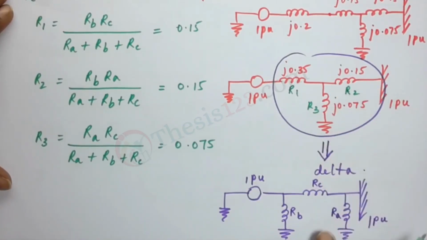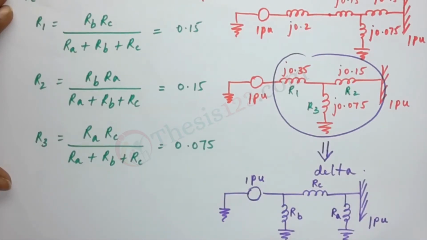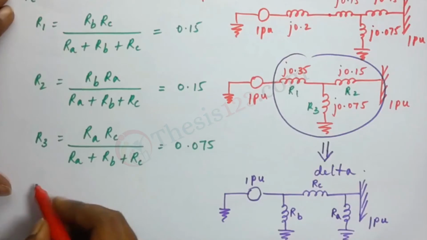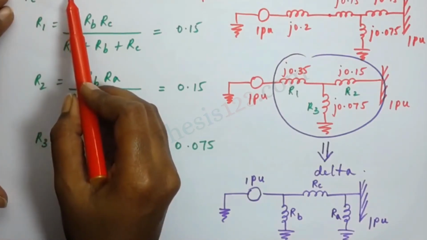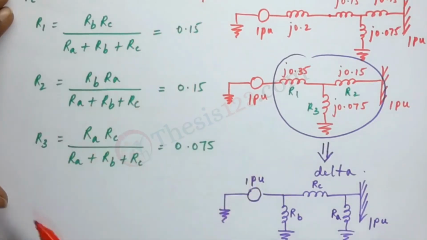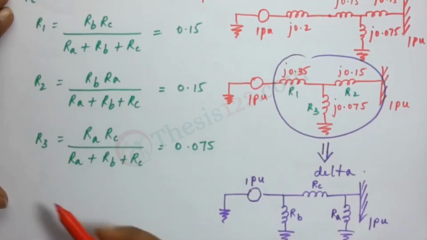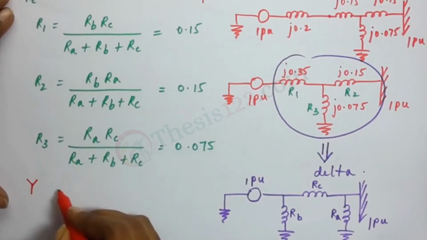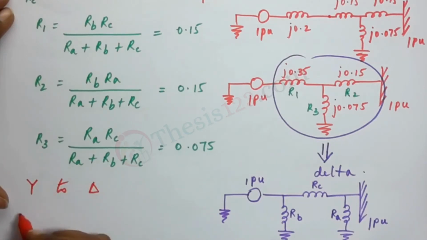So we are converting that into this using this formula right here. So you know how to do it when it is from delta to star transformation, but now we'll have to do it from star to delta transformation. So star to delta, I'll write down one formula, you can do the rest.